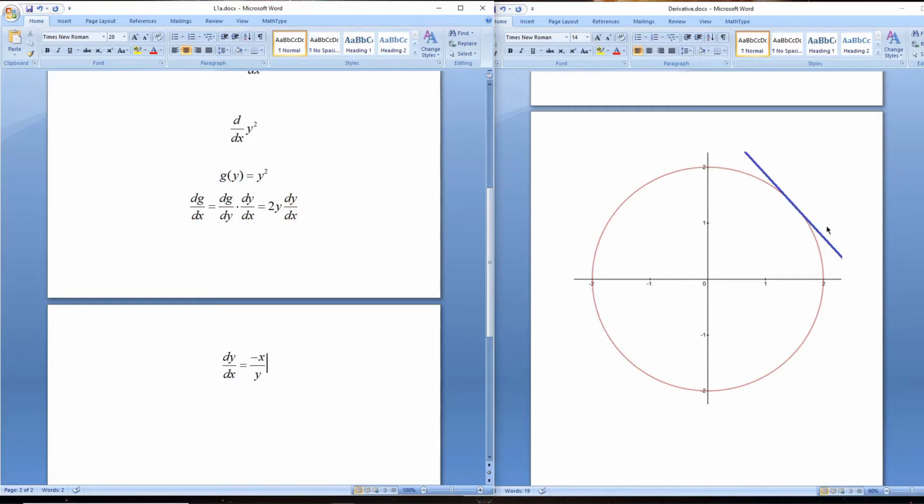So this blue line right here, if I wanted to know the slope, well, I'd have to give the point of interest here. So for instance, I'm just going to guess and say that looks about, say, 3/2. And let's say that height is also 3/2.